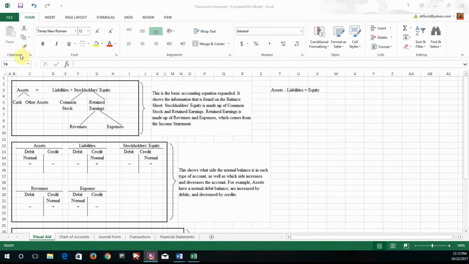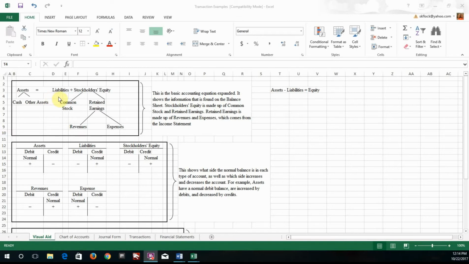Now, when you're looking at the accounting equation, what we show is everything of value that the business owns, all of the assets. They have value now and future value. Liabilities are the debts that the business owes. So anyone that you owe a liability to, whether it's a bank that you owe a loan payment to, a vendor that you've purchased items from that you're making payments on, anything that you owe.